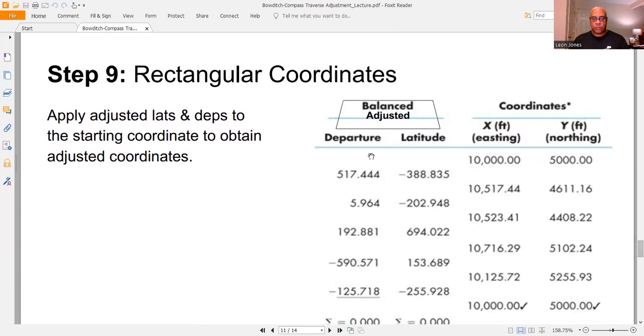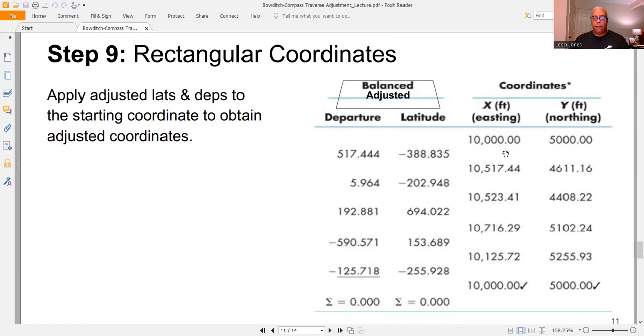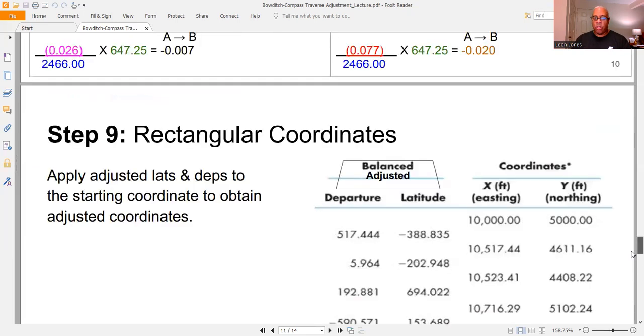Now, when you go through the chart, how do they get all these numbers? Well, you start off with coordinates 1,000, 10,000, 5,000, and you're just going to be adding and subtracting until you're back to where you started, and then you add all of your departures and latitudes up, because what you're doing, you're actually correcting your rectangular coordinates.